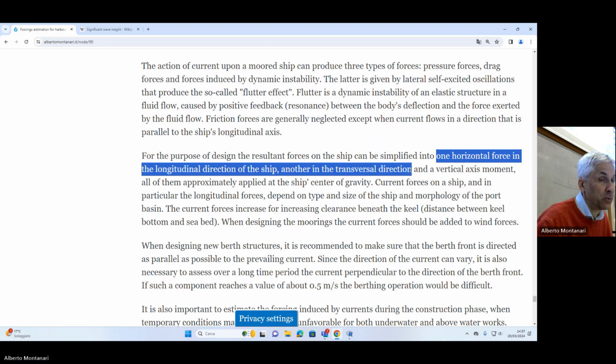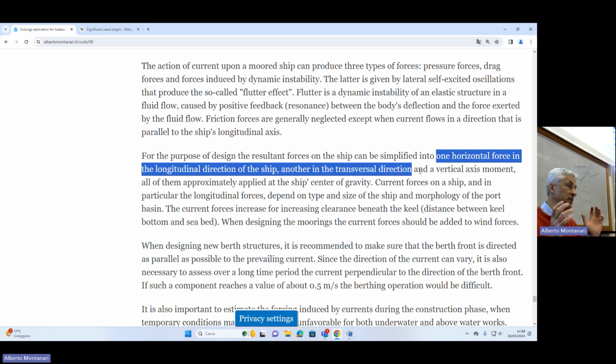We also have to consider a moment around the vertical axis, because the current is a movement of mass, and it may originate a rotation of the ship around the vertical axis.